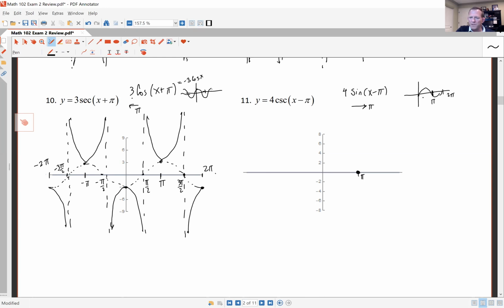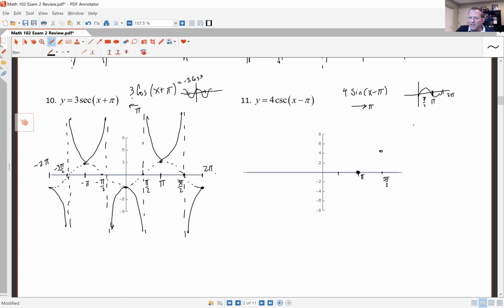The pi over 2, 1 is now going to be 3 pi over 2. In this case, it's going to be 4, though.